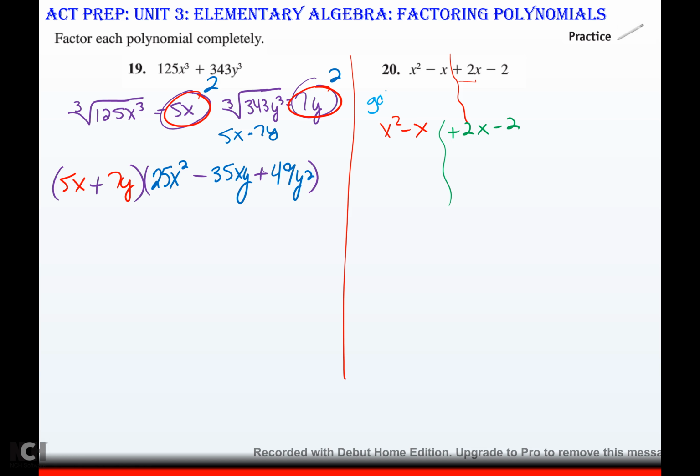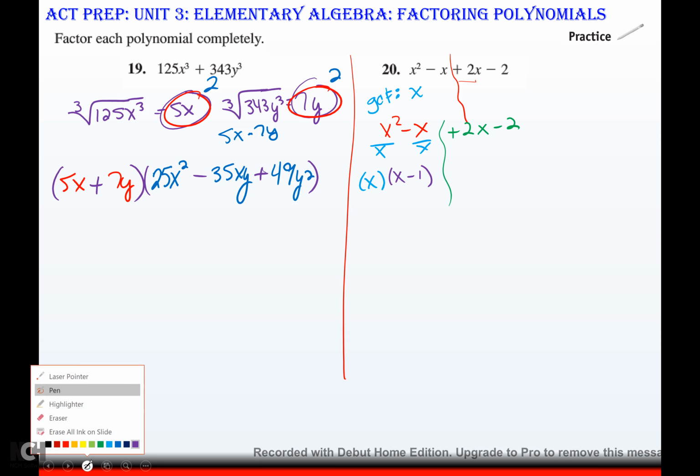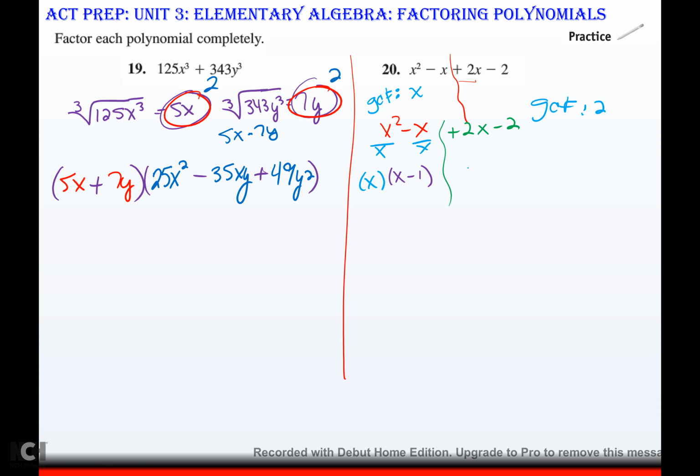So if I GCF this side, all they have in common is an x. To get what's left, I divide by x, which leaves x minus 1. GCF the other side. The only thing they have in common is a 2, so divide by a positive 2 to get what's left, and you get x minus 1.